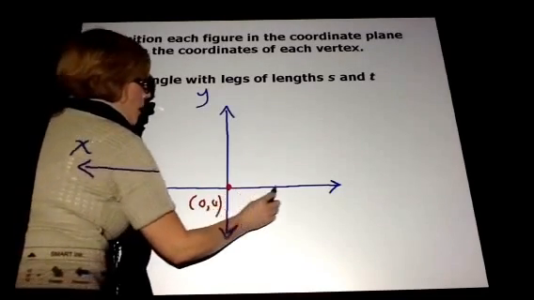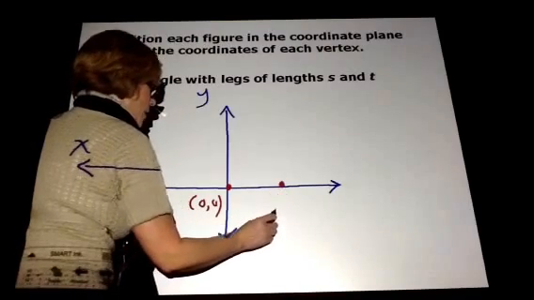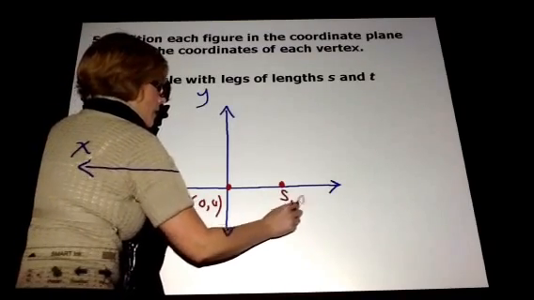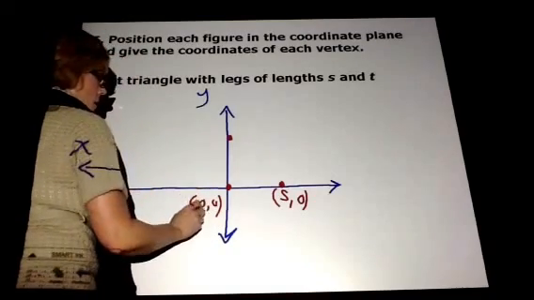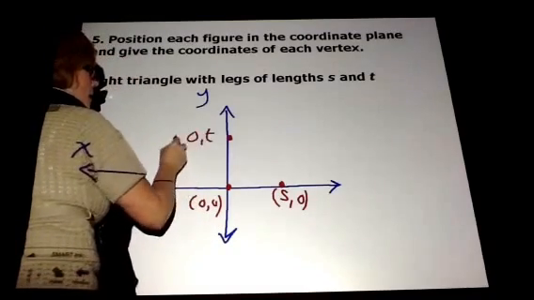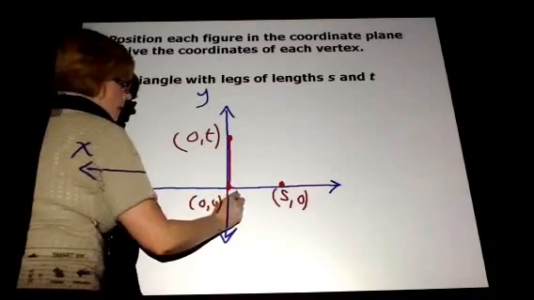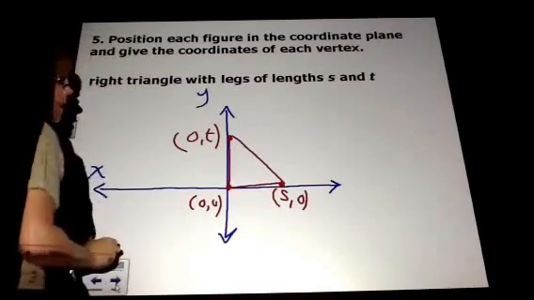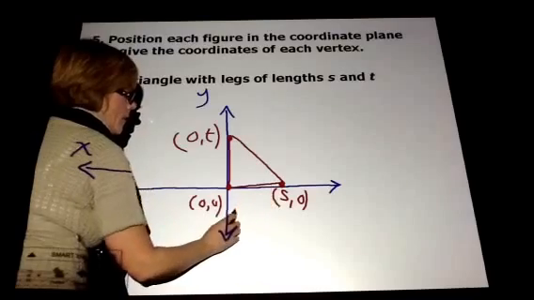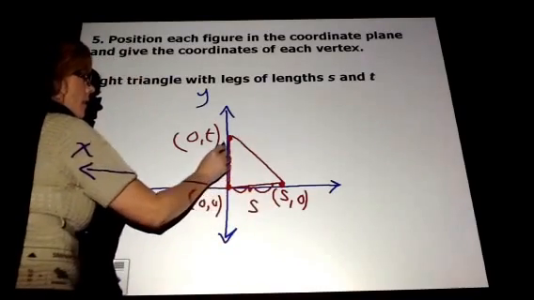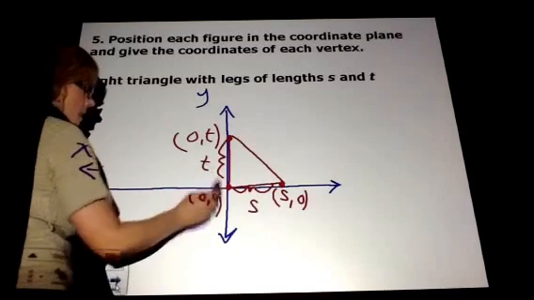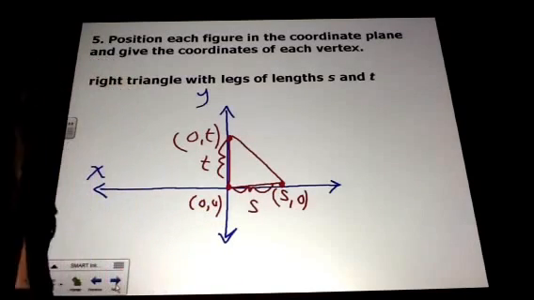No, so I'm going to go right s units. So this is s, 0. And I'm going to go up t units. So it's 0, t. Because the length here is s, the length here is t. So that's how I'm getting those coordinates.